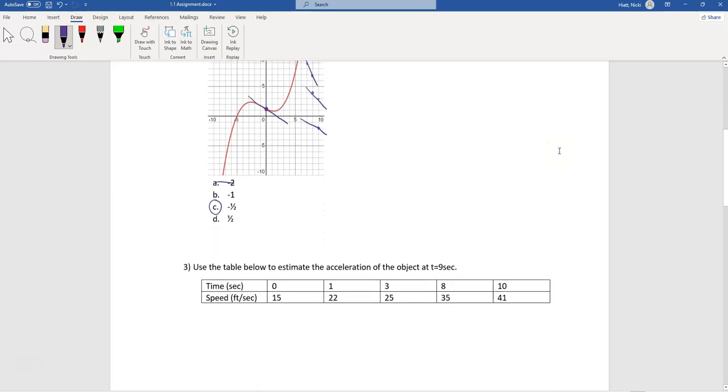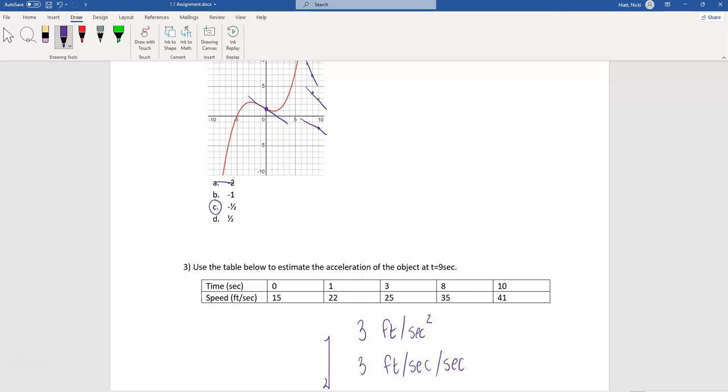Okay. What about 3? What are you guys getting there? 3 feet per second squared. Or those units, you can also do feet per second per second.